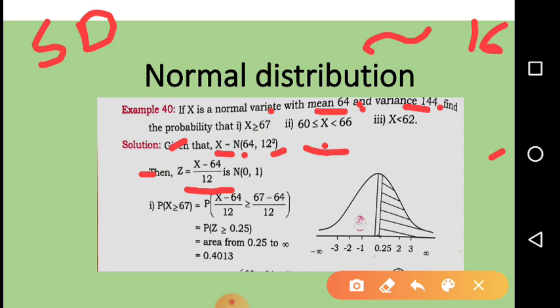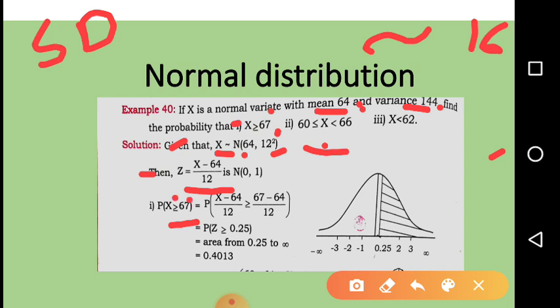Next, the first condition they have given here: probability. Where X is the same, you will copy and write. P, probability, put a bracket, X greater than or equal to 67, copy it from the question. Is equal to, now you write P, probability, put a big bracket.